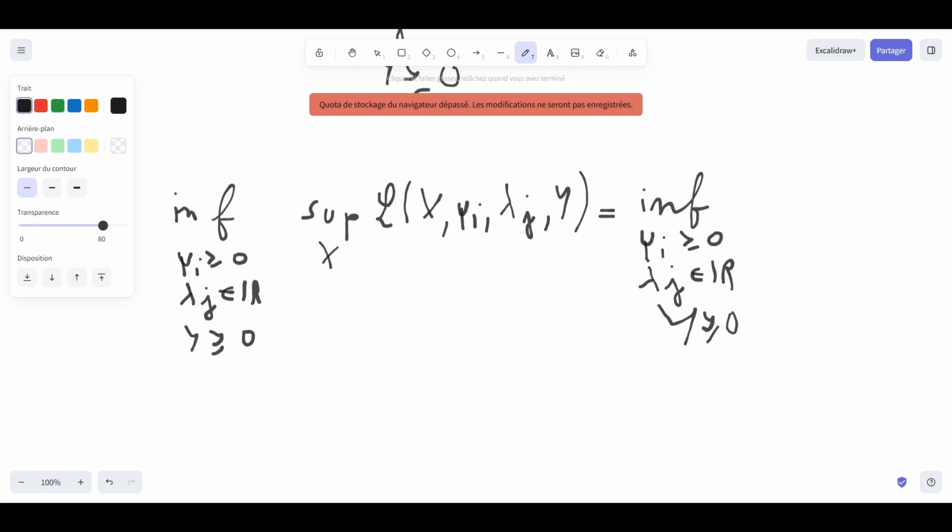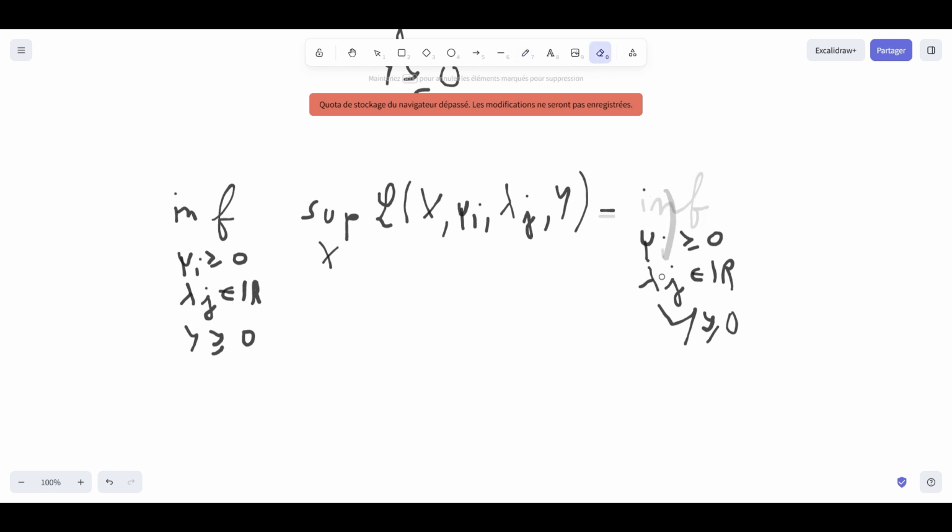Maybe I'll write it here, it will be easier to visualize.